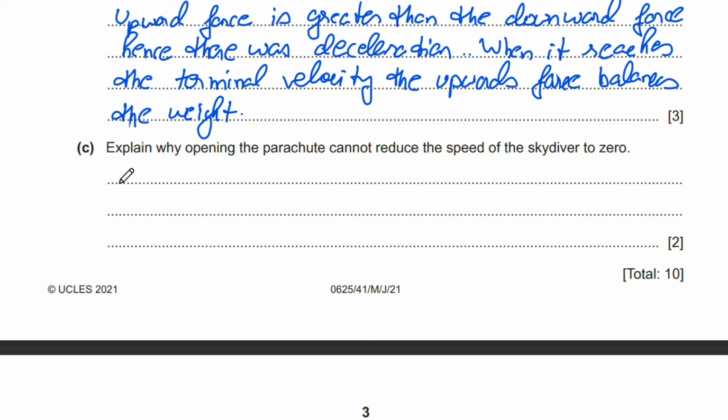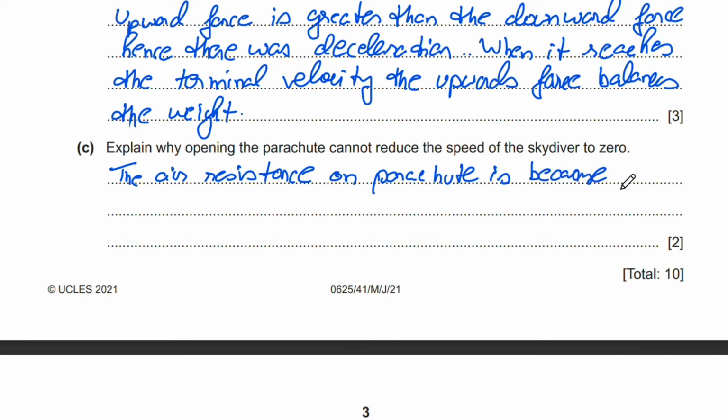So what you will write is that the air resistance on the parachute is because of the speed of the skydiver.